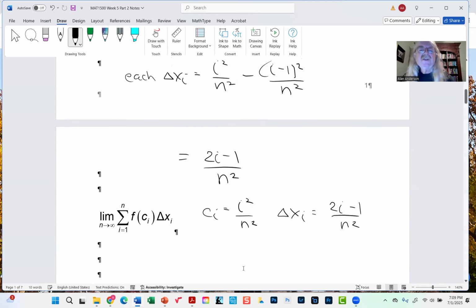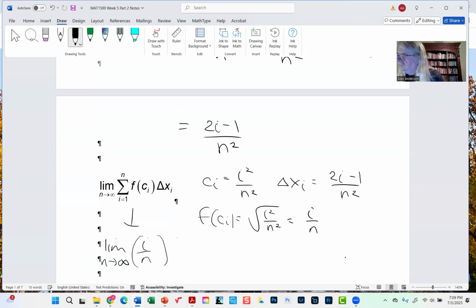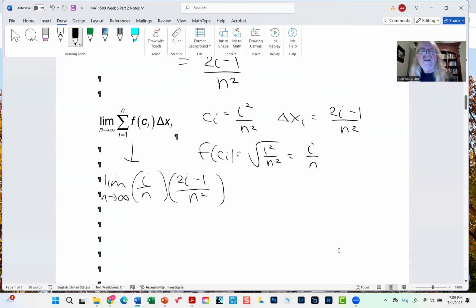Now, because the function is the square root of x, this reduces to i over n. So in other words, what you're looking for is the limit as n goes to infinity of... So now what do we do with that?